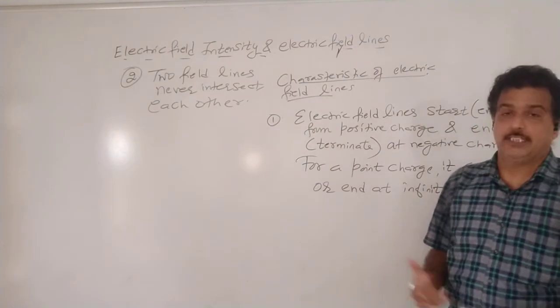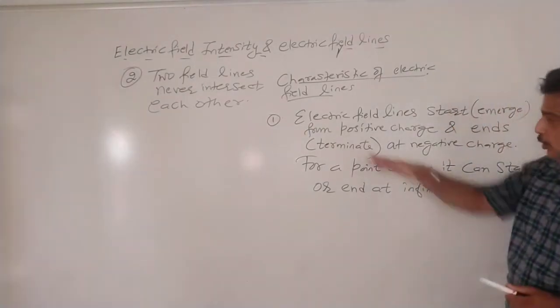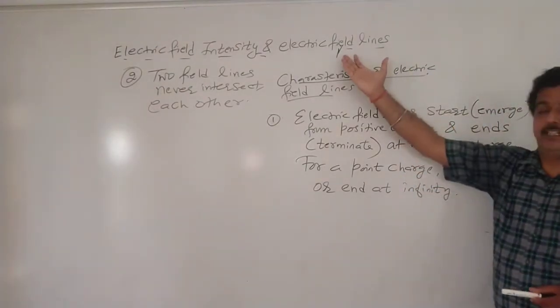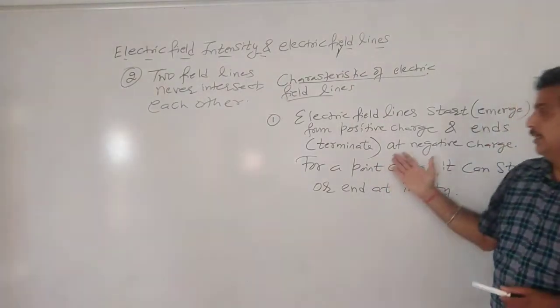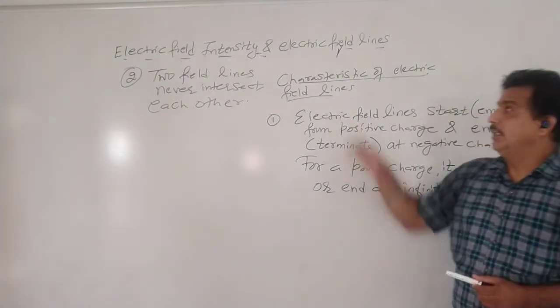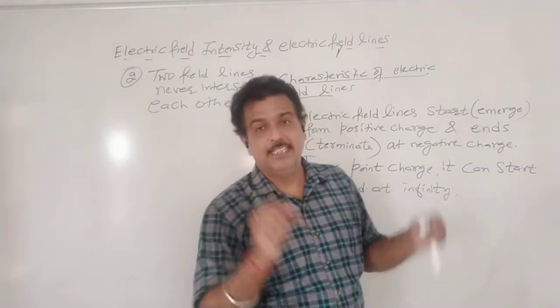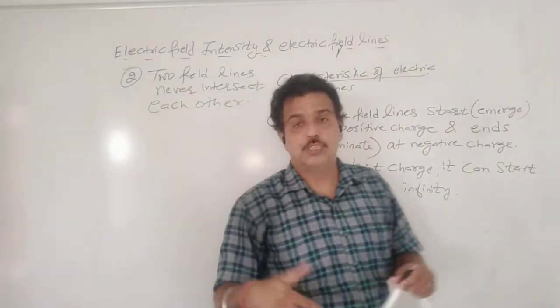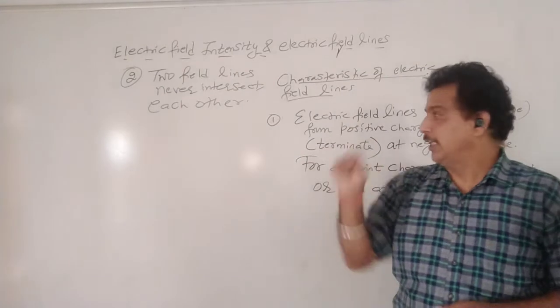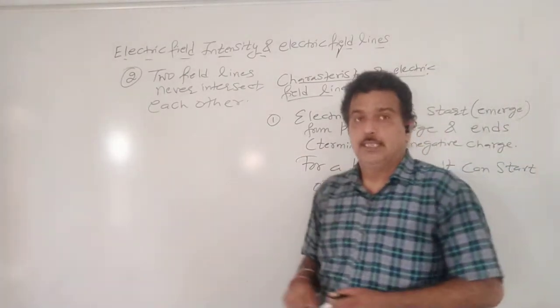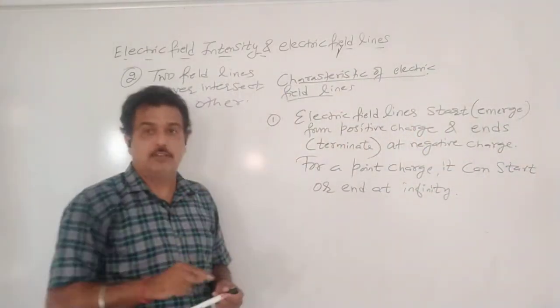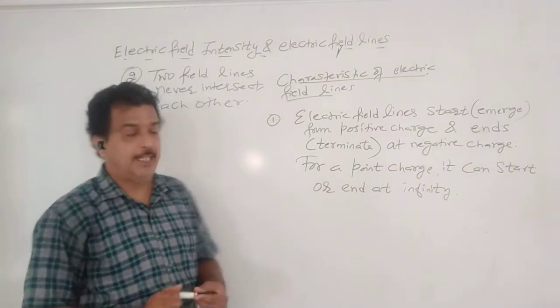Now why does it not intersect? So if you have seen the definition which we have written in the end, it is a curve drawn in an electric field in such a way that tangent at any point gives the direction. तो अगर इलेक्ट्रिक फील्ड लाइंस बनाई हुई है और फील्ड लाइंस कर्व है, तो tangent gives the direction.